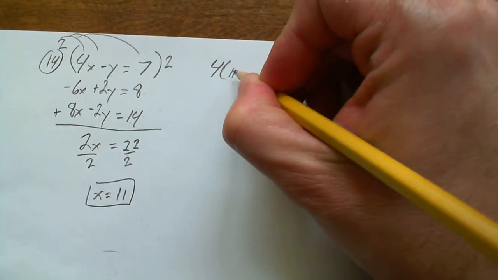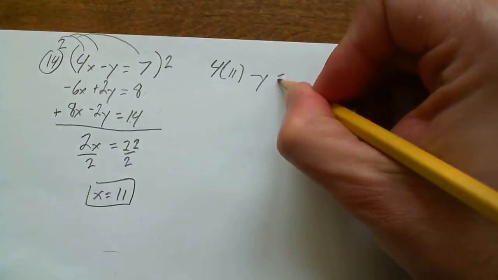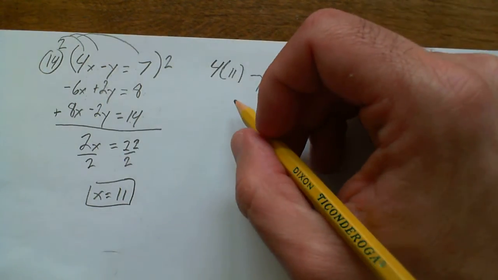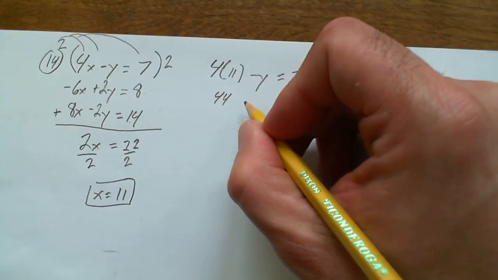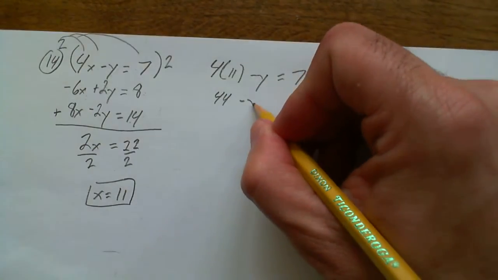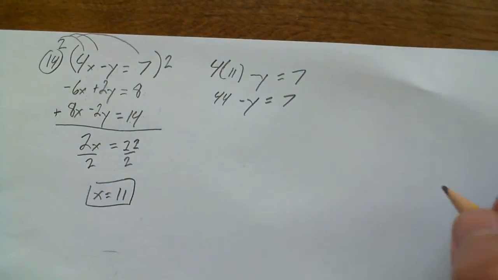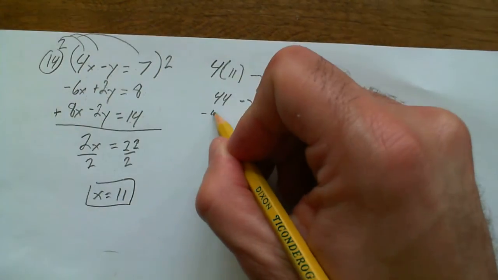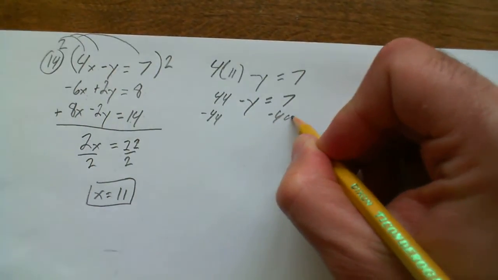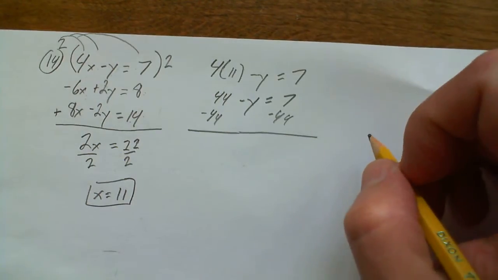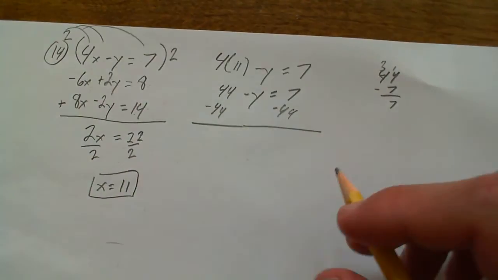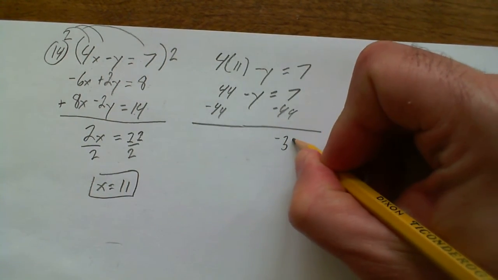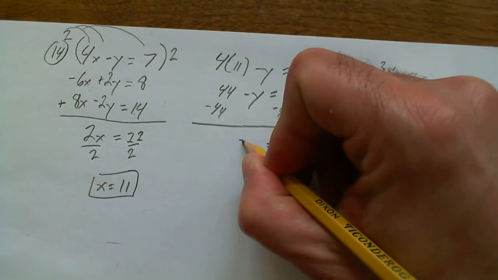4 times 11 minus y equals 7. 4 times 11 is 44 minus y equals 7. And we take away 44. 7 minus 44 is negative 37 equals negative y.